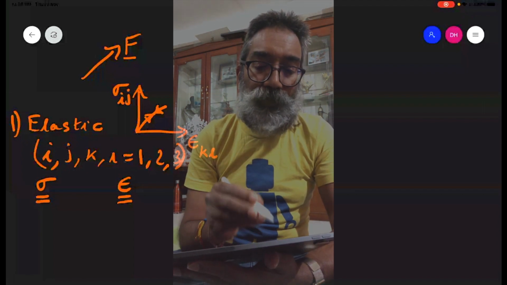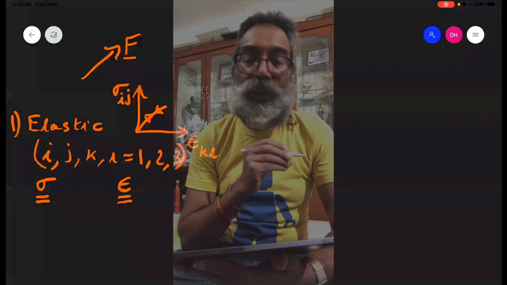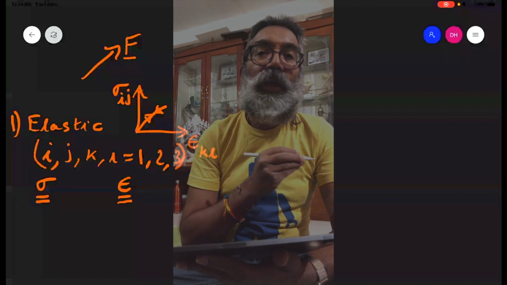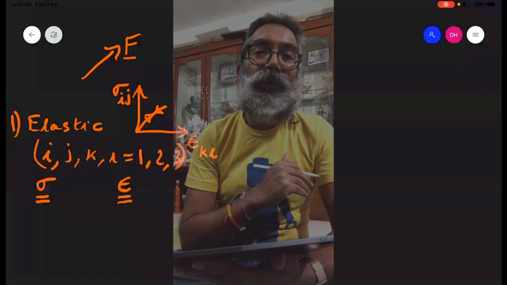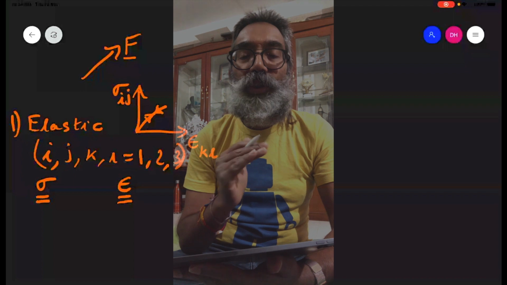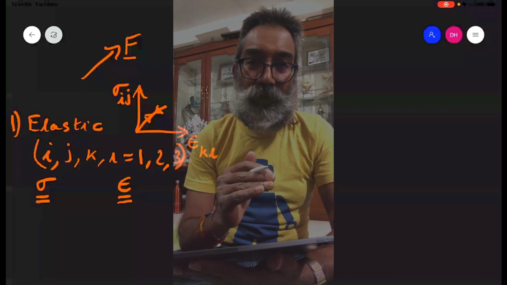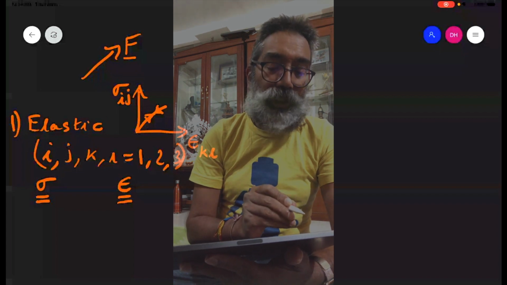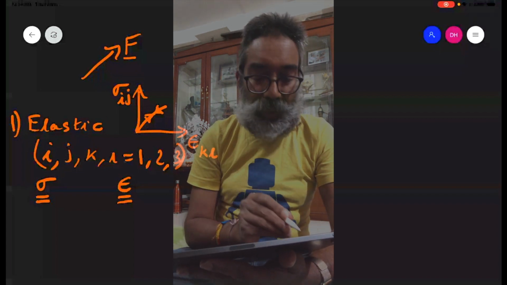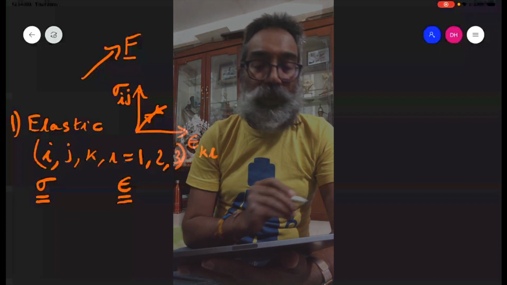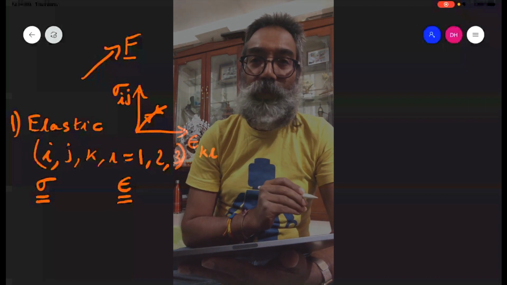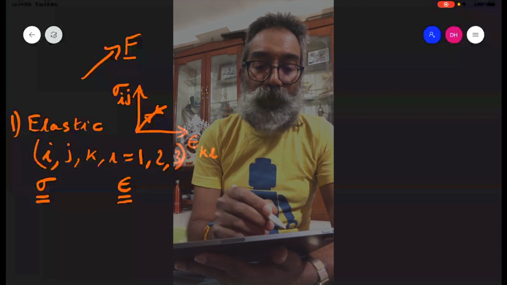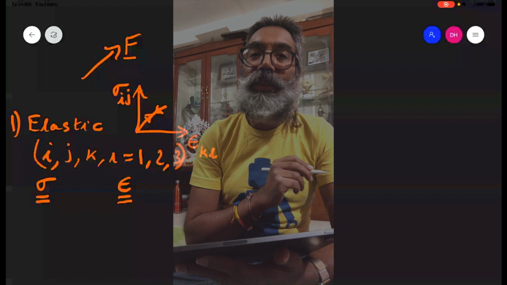So unlike a force, which is a first order or first rank tensor, as different terminologies are used in different places, we will use the terminology of rank over here. Because two different directions are involved, whether it is the stress or the strain, it is a second rank tensor, and we will typically denote that by a double underline as opposed to a vector, which we will indicate by a single underline.